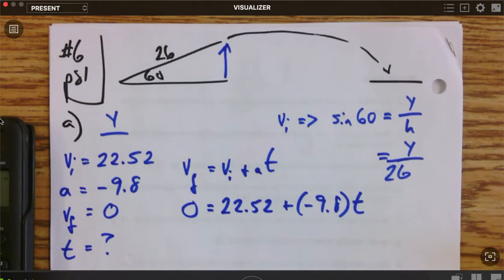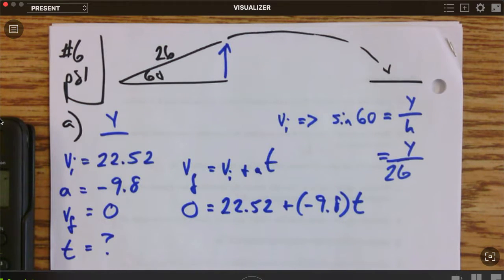I want you to do B. Oh, so you guys are good with A though? Okay. I used displacement in my thing, and I didn't use final velocity. Displacement y equals 0, so I just did that instead. I got the total time it takes, and I just divided it by 2.